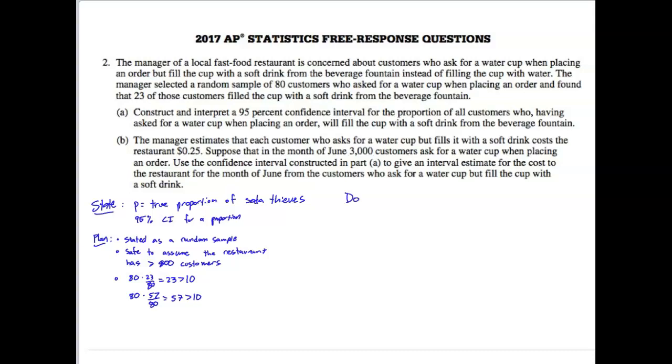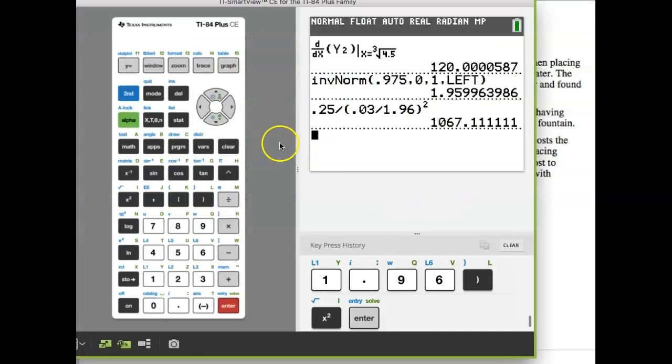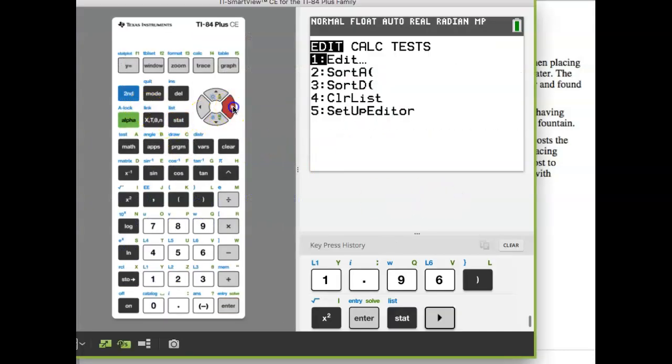All right, so I'm on do. We want a 1 prop z int. So stat tests.